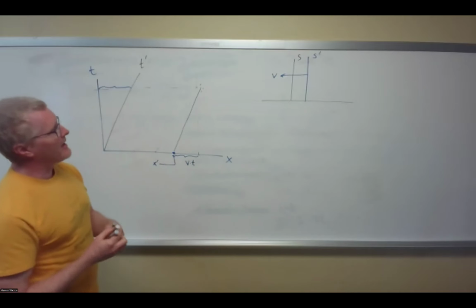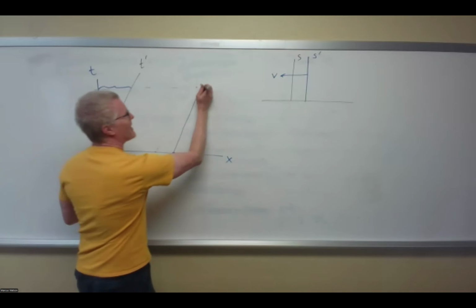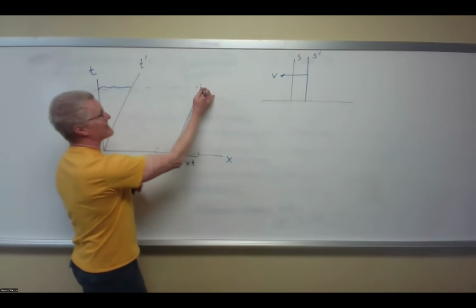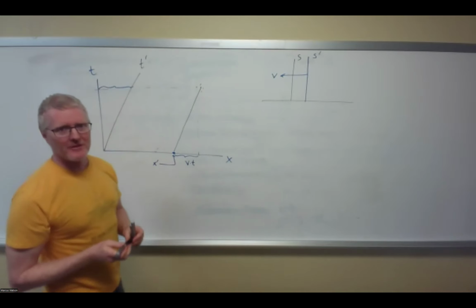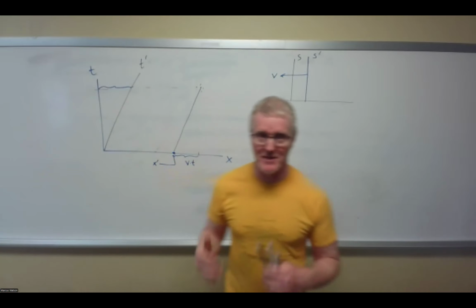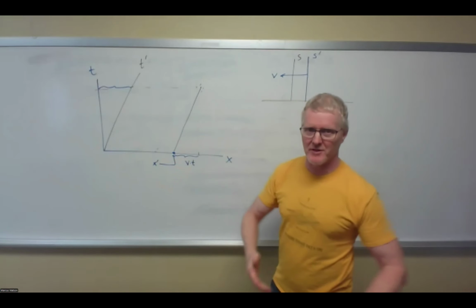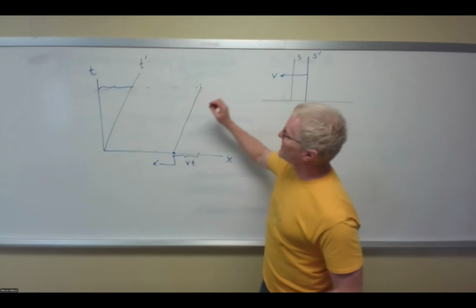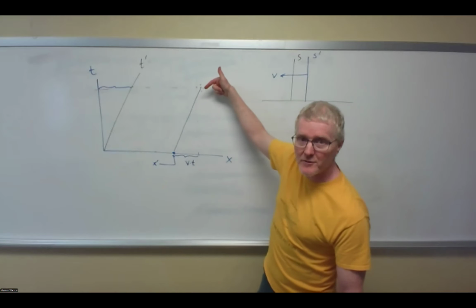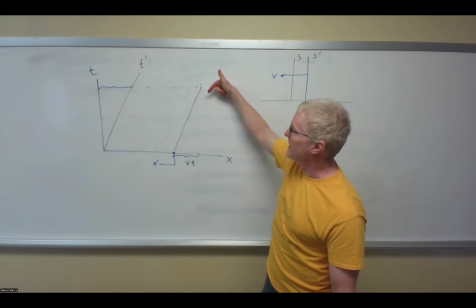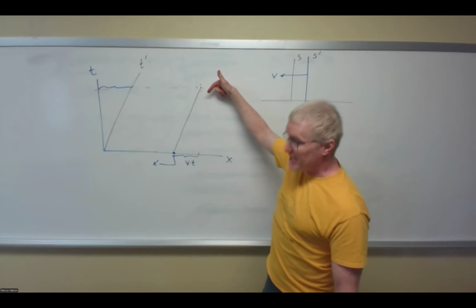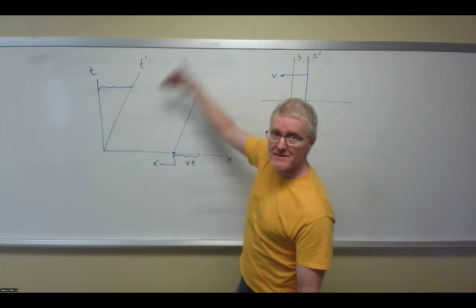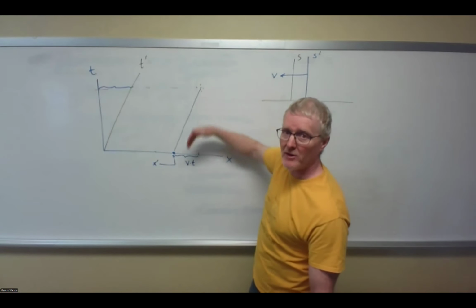I got a little ahead of myself with the time, but the time as seen from the car frame, and according to Galileo, that time would still be this time as marked on the t prime axis. It's because t prime equals t from the Galileo transformation perspective. Nonetheless, what I want to get across here is that if I want to find the correct position of this event according to the car frame, I have to go parallel with the axis.